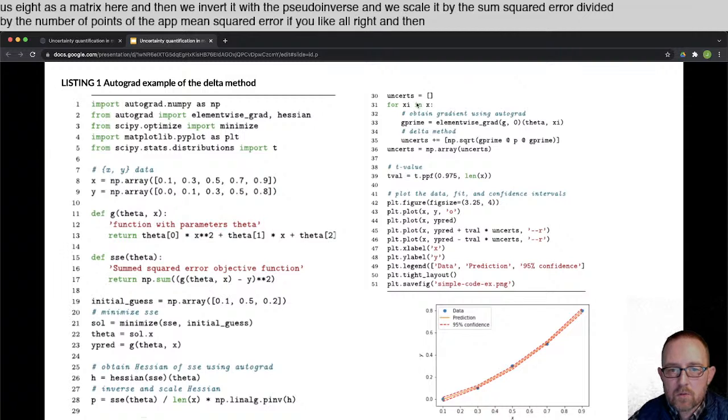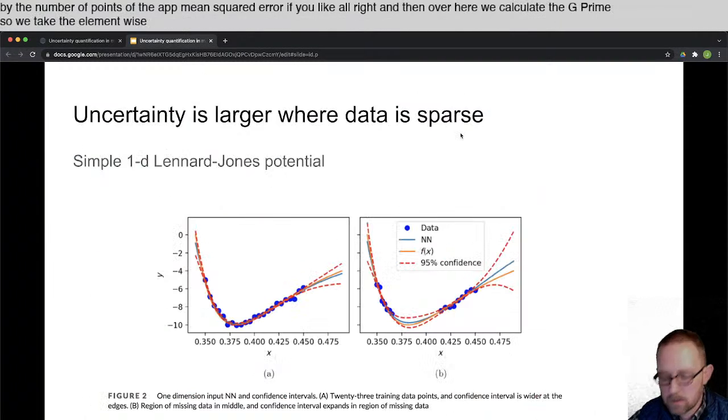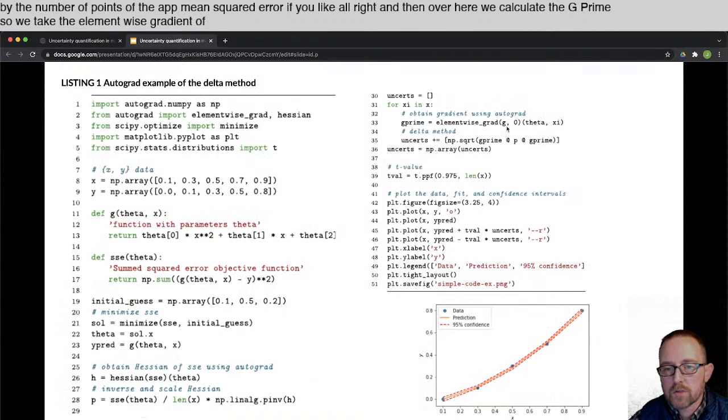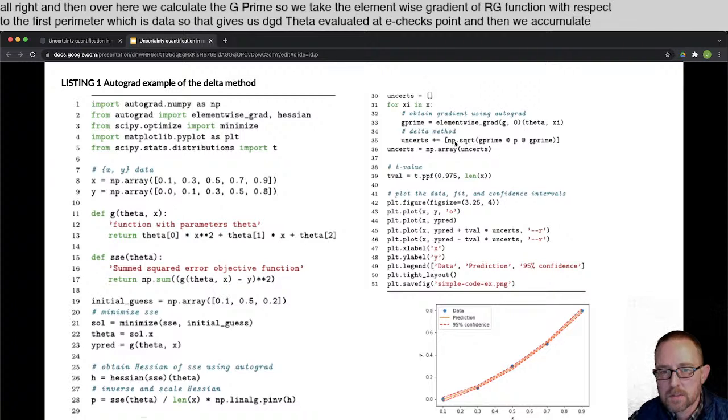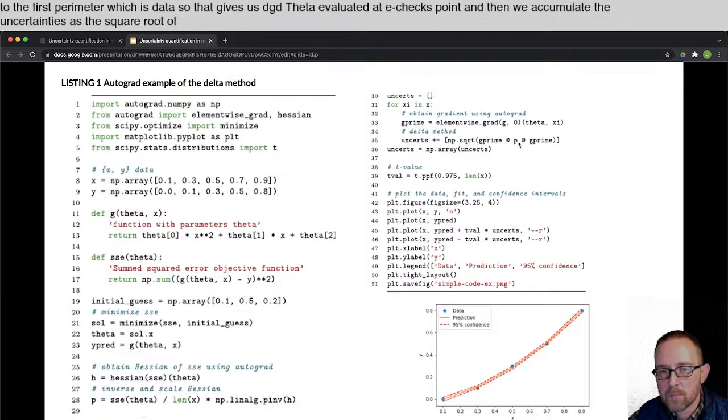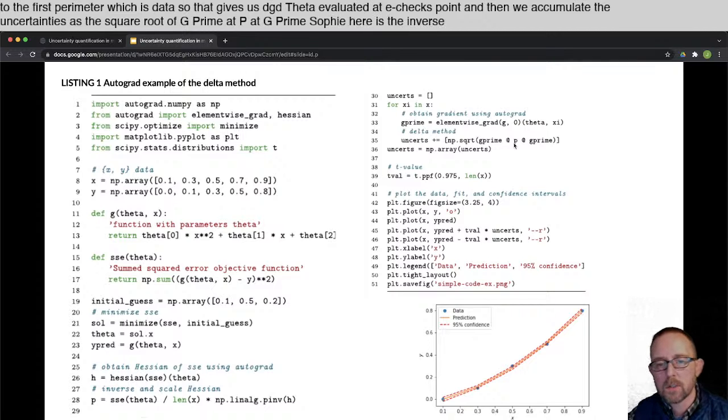Over here, we calculate the g prime, so we take the element-wise gradient of our g function with respect to the first parameter, which is theta, so that gives us dg d theta evaluated at each x point. Then we accumulate the uncertainties as the square root of g prime P g prime, where P here is the inverse scaled Hessian, or Fisher information.